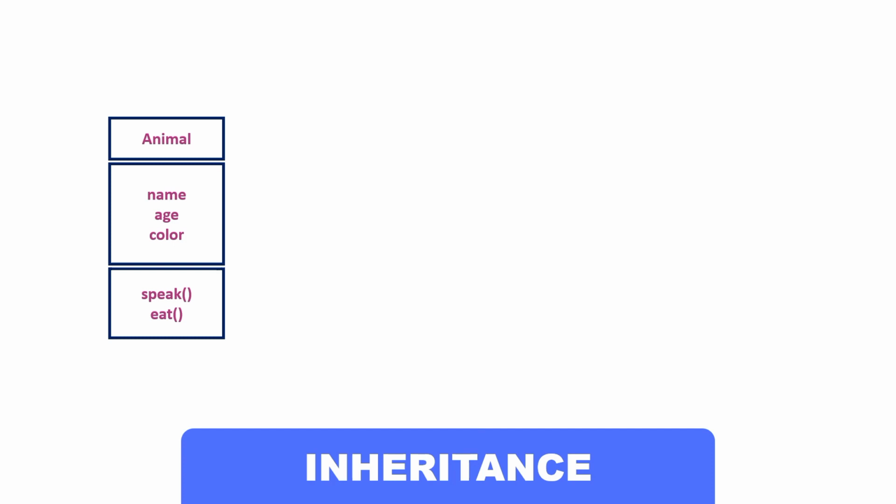The third fundamental concept of object-oriented programming is inheritance, which means that a class can derive its methods and properties from another class. Inheritance can result in a hierarchy of classes. For example, this animal class defines the methods and properties of an animal object.